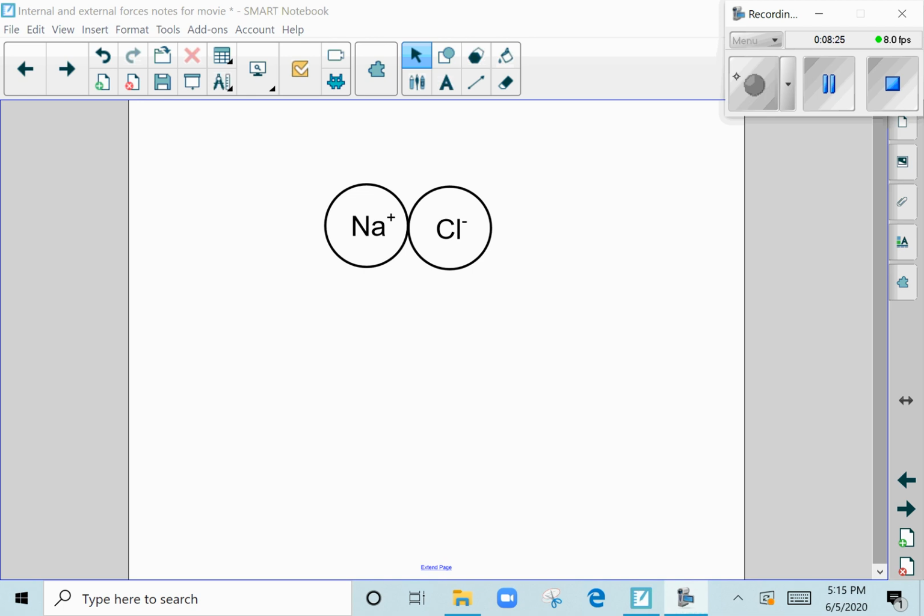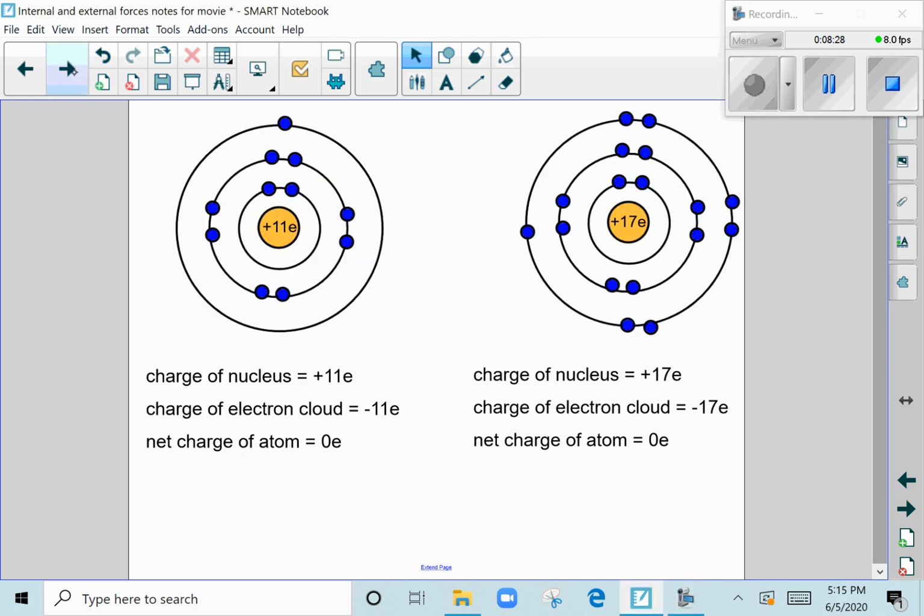And we say, well, if we take a look at what's going on, there are electrons inside the atom's electron cloud. And that cloud, of course, orbits the nucleus. And if the atom is neutral, then the charge of the nucleus and the charge of the cloud are actually balanced.